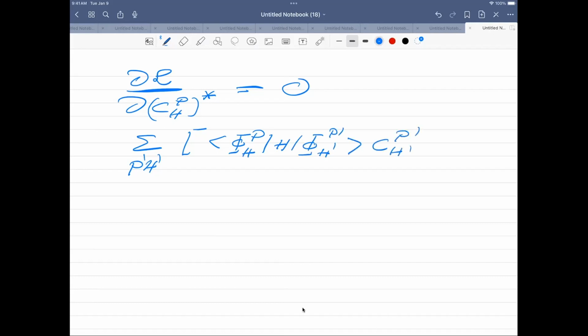So keep in mind that this unknown coefficient C contains the information of all the types of particle hole excitations we can have. And this is given by E0 of C H prime of P prime. And then I have the overlap of phi H P with phi H prime of P prime. And we have defined this computational basis to be orthogonal. And this is a quantity which we want to drive to 0.